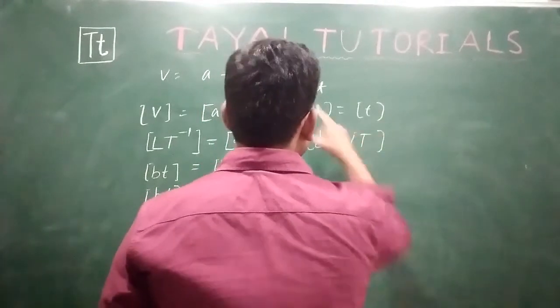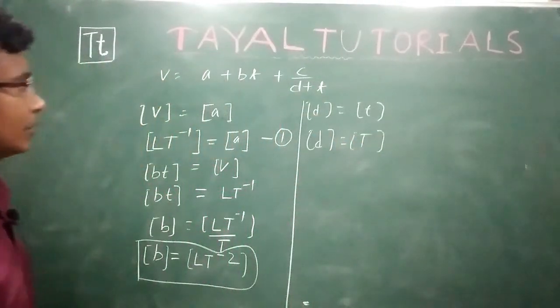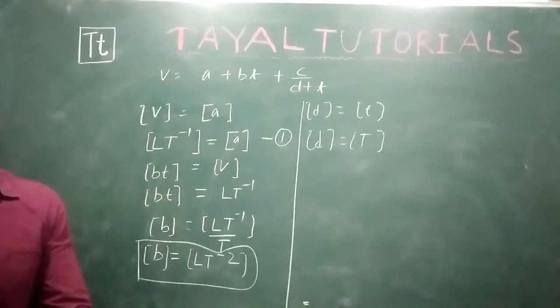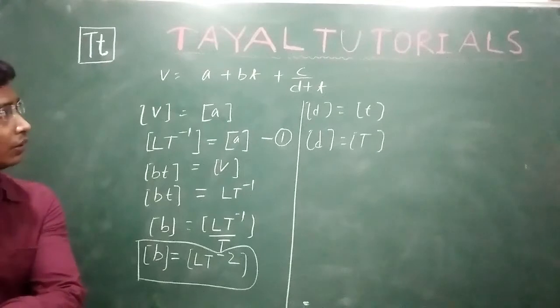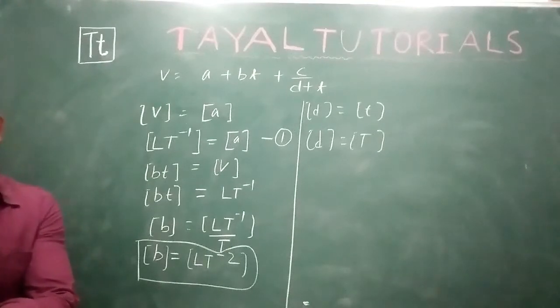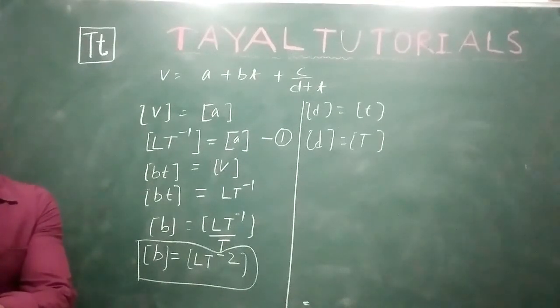Because they are separated with a plus sign. So whatever dimension t has, the same dimension d will have. Simple.